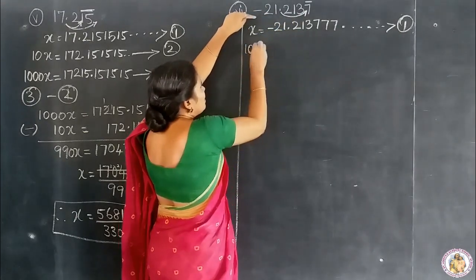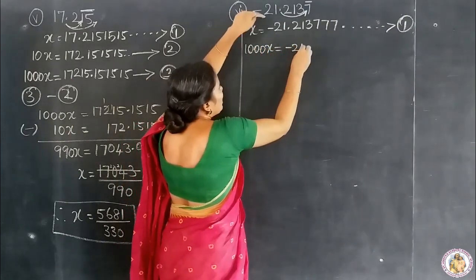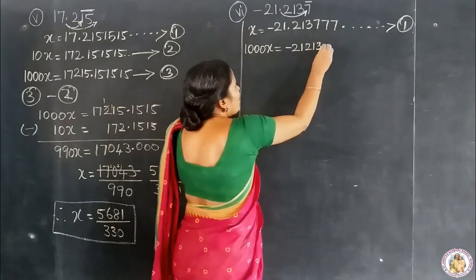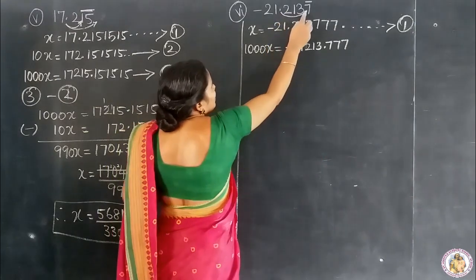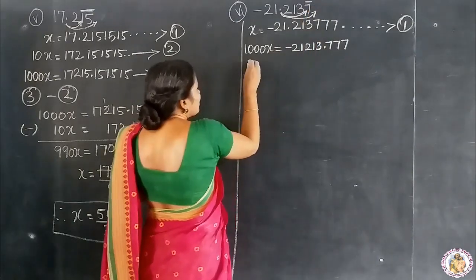So 1000 into x is equal to minus 21213.777. Okay. And again we have to take the whole thing after 7.